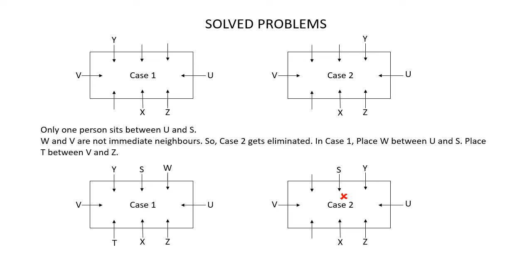But it's given W and V are not immediate neighbors. So W cannot sit in either of these positions. So there's no place for W in case 2. So case 2 is not possible. Case 2 is eliminated. So finally, case 1 is the correct final seating arrangement for the given problem.